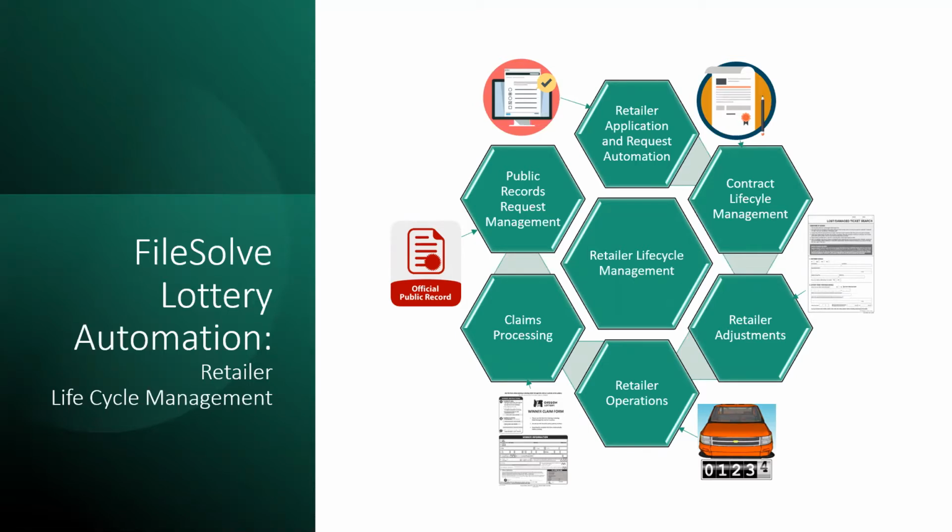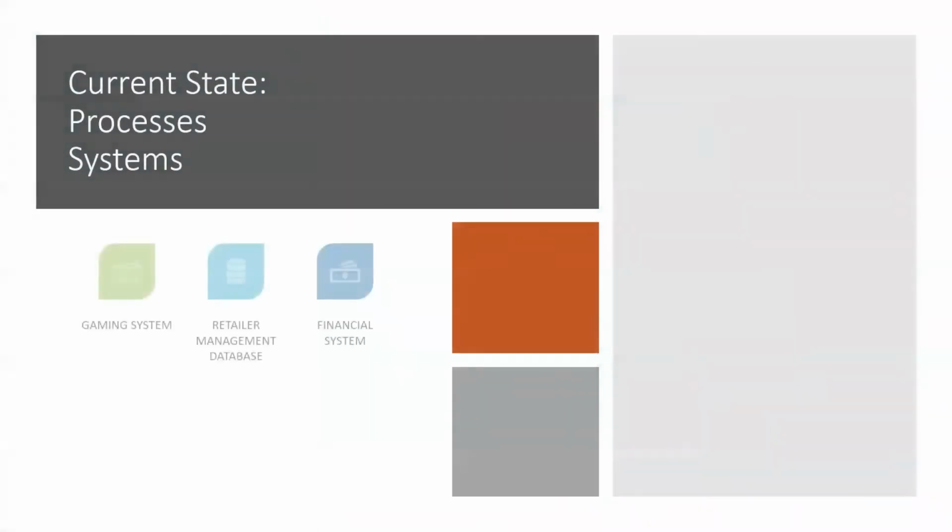I'm providing a brief high-level overview. We do have webinar sessions on each area, providing more detail and example functionality. The areas of the lottery can be implemented as a complete solution or individually.